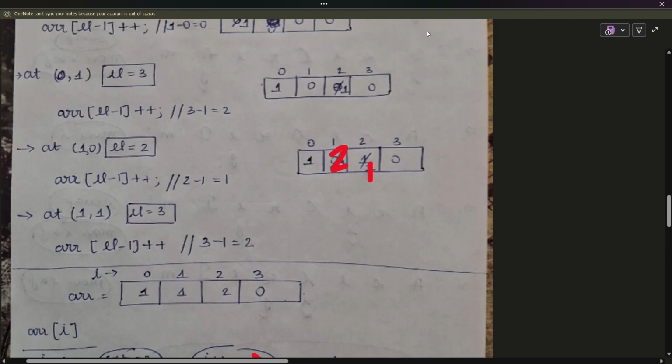Here, as we can see, at the 1st index the value is 2, so the element will be 2, right? And at the 3rd index we can see the frequency is 0, so what value will be missing? It should be 4, right? So that's the intuition.